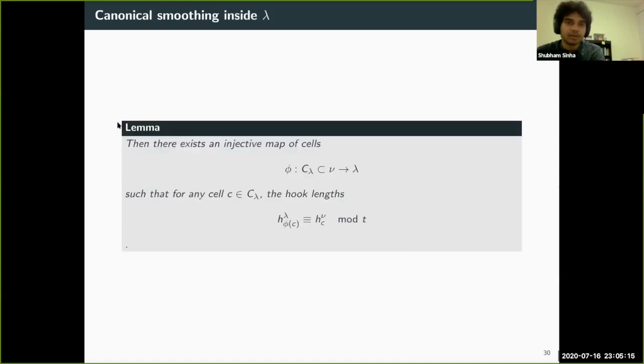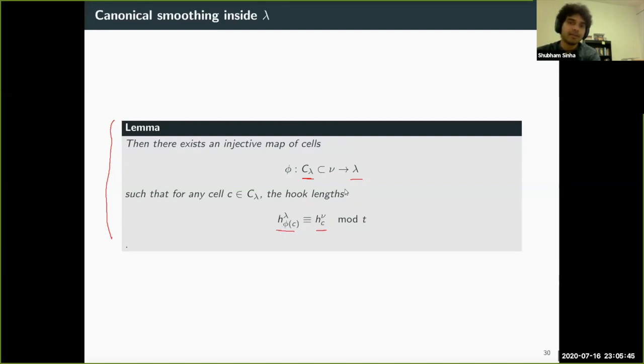Okay, so this is the main lemma, which tells us that the cells in the canonical smoothing inject into the cells of the partition. This injection cannot be considered a subpartition of lambda, but it is anyway an injection, and it has this nice property that the hook length modulo t remains unchanged, so the congruence class does not change.